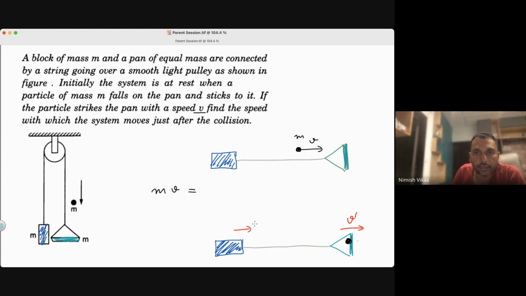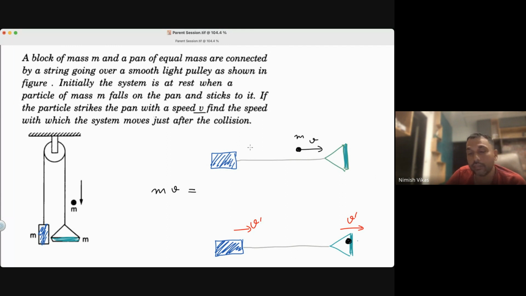For JEE and entrance exams, if this is a string, we will consider it as v dash velocity. Highly debatable. All string questions are actually not valid in pure physics. It doesn't happen like that. You will never be able to create such a situation where it hits the pan like this and the other body is trailing with the same velocity.